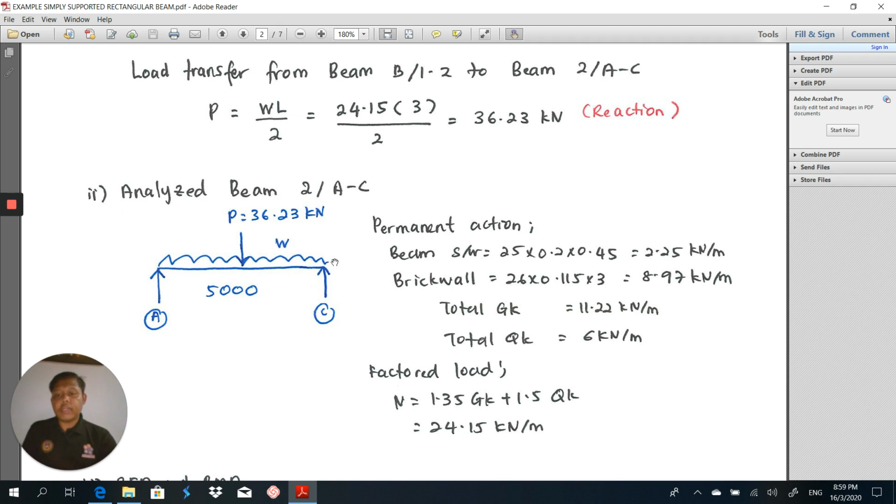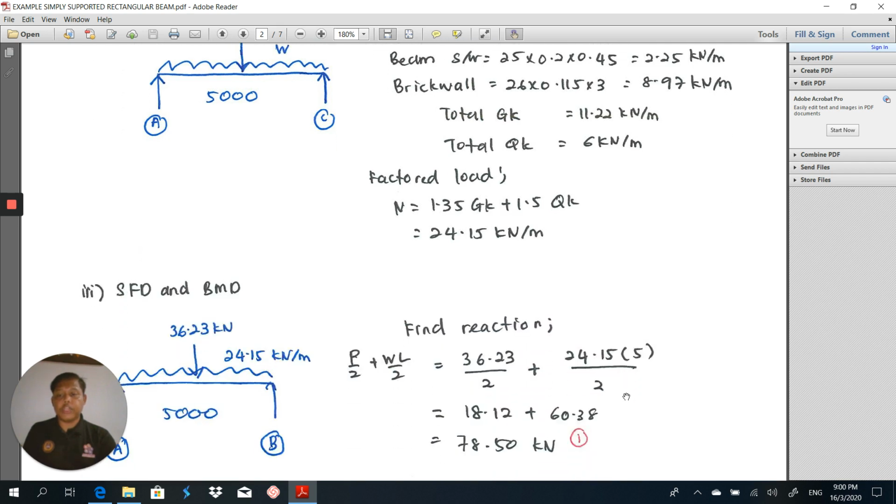Then we have to find the uniformly distributed load on top of this beam B2AC. Same process as what we have done before. So the total of the permanent action is 11.22 kilonewton per meter, and the total variable action is 6 kilonewton per meter. We factorize the load, we get 24.15 kilonewton.